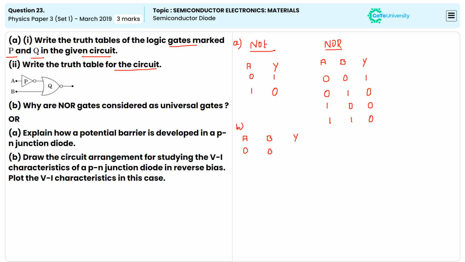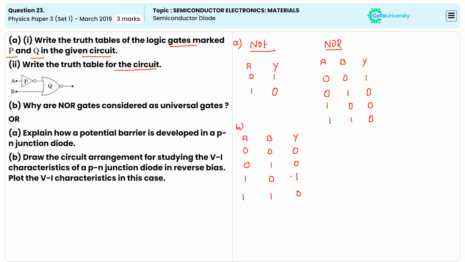Then 0 and 0 in the NOR gate becomes 0, and if 0 is there, then it becomes 1. If 1 is there in the NOR gate, it becomes 0. If 1 is there in the NOT gate, the output will become 0. If 0 and 0, that becomes 1. If 1 is there in the NOT gate, it becomes 0. If 0 becomes 1, then 1 and 1 become 0 in the NOT gate. This way we write the truth table for the given circuit.